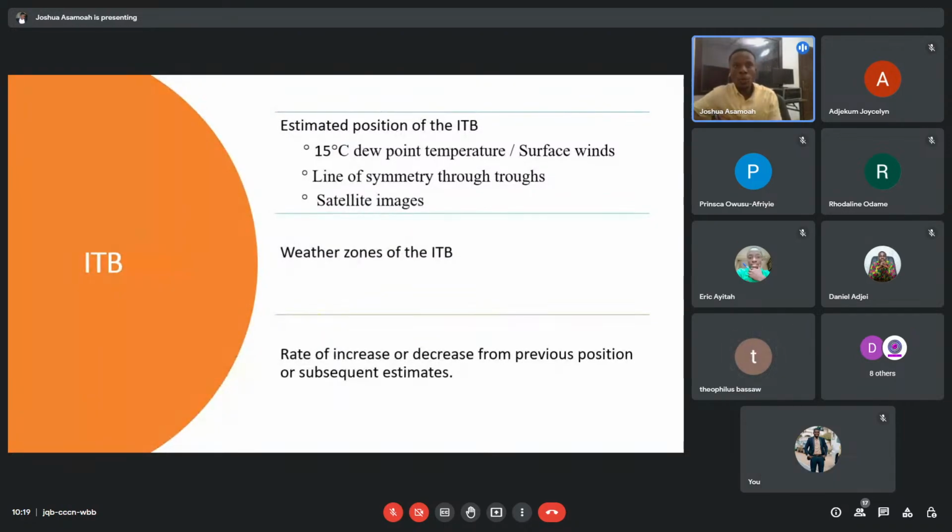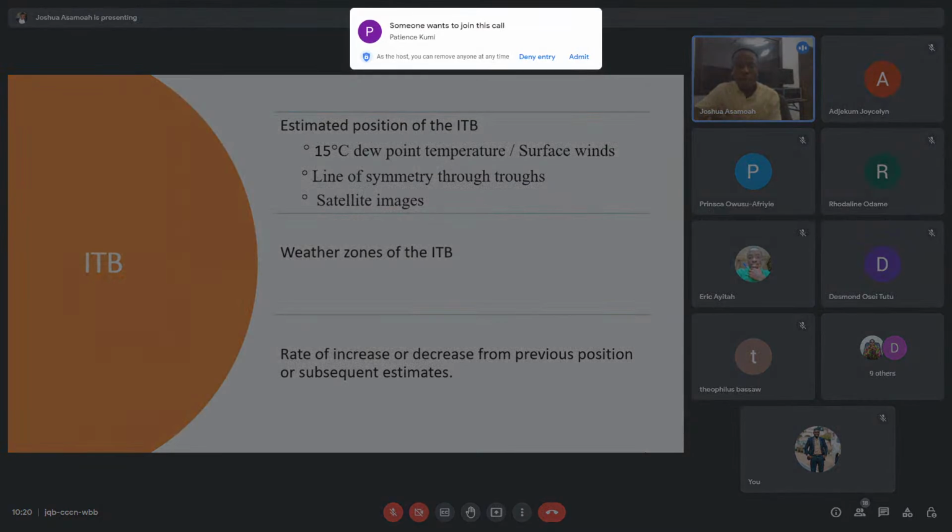But one thing we should know is that ITB position estimation is actually not the exact position where the ITB will be located.